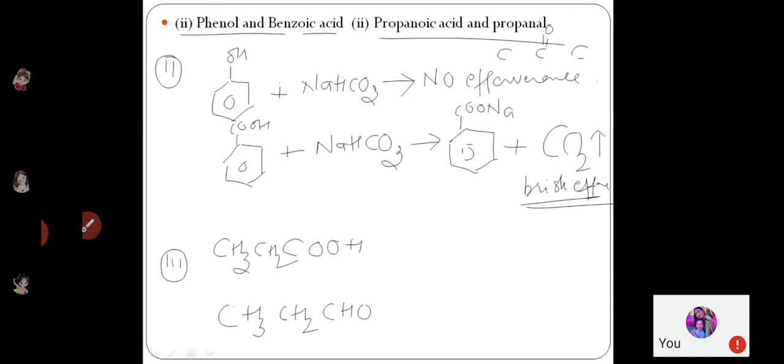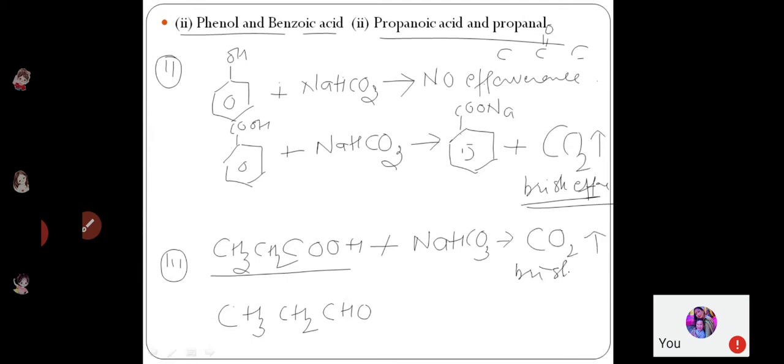So one is an acid, one is an aldehyde. Either you can do the Tollens test. If you do the Tollens test, the aldehyde will give the positive test and the acid will not. Or, since the acid is there and the reaction is easier, you can do the sodium bicarbonate test. When you write down the product, send me the name of the product. You will get carbon dioxide with brisk effervescence.